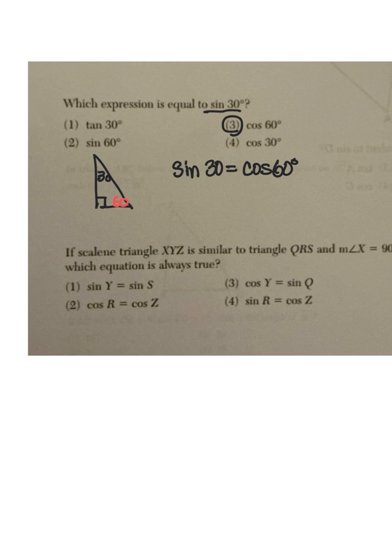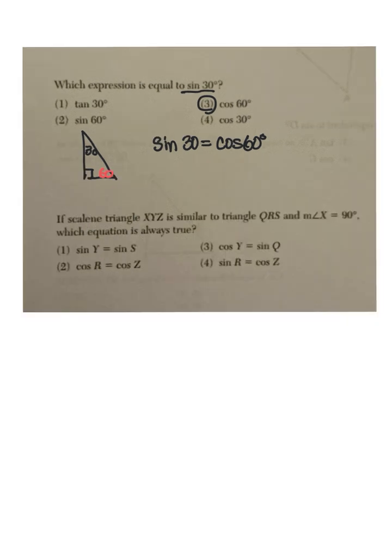Again, if this is that angle, then it would be the cosine of the other angle. Now again, just make sure that you're taking notes on the worksheet that I gave you. Okay, so let's look at the next one.